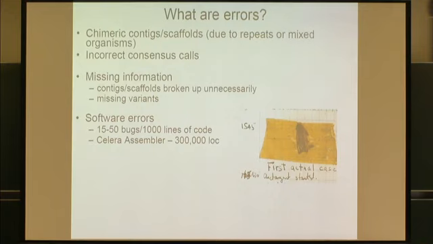And if you look at the size of your typical genome assembler, you realize how many bugs are in this code, right? Any software that you have is full of bugs. And so we have to think not just that the assembler or our idea on how to do assemblies might make mistakes, but also that as you code up that idea, you're going to make mistakes as well. And you have to deal with them at the same time.